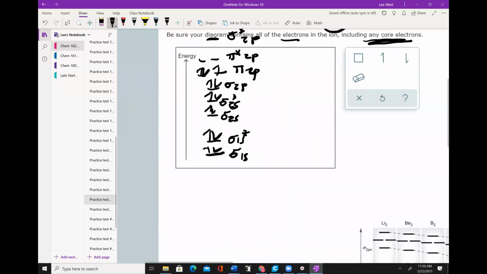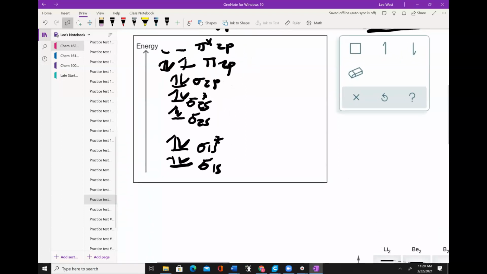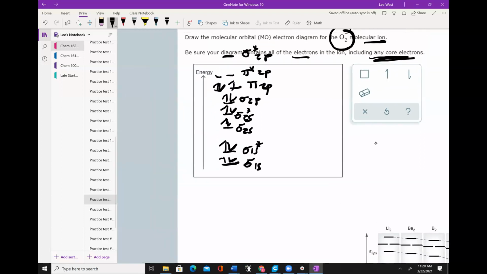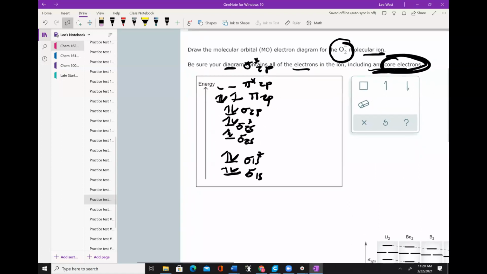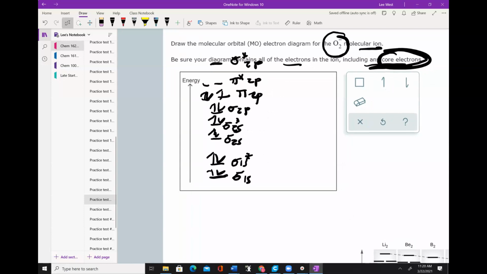All right, so all I have to do to solve this question was I just had to pay attention that it asked for not just the valence electrons, but the core electrons. I counted up the correct number of electrons, made sure that I was going to add that number of electrons at the end, and then I drew out the orbitals and labeled them correctly.